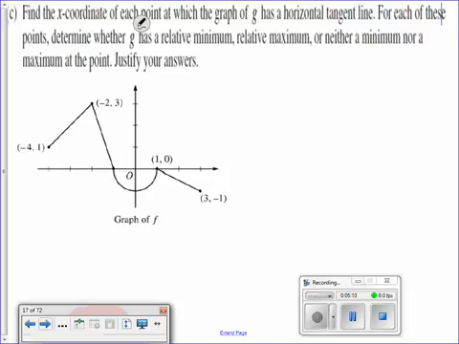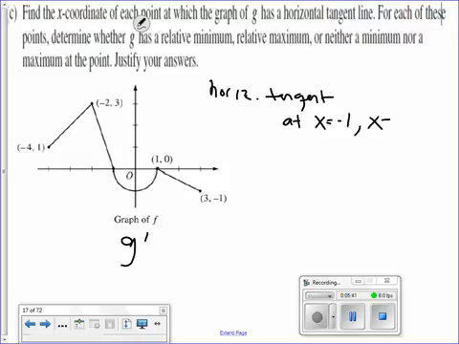All right, and now we're looking at the graph of G having a horizontal tangent line, so when its derivative G prime, which at this point in the problem we've established is this graph here, is 0. So it's going to equal 0 here and here, right, at negative 1 and 1. Okay, so that's the first part. So it has a horizontal tangent at x equals negative 1 and x equals 1.